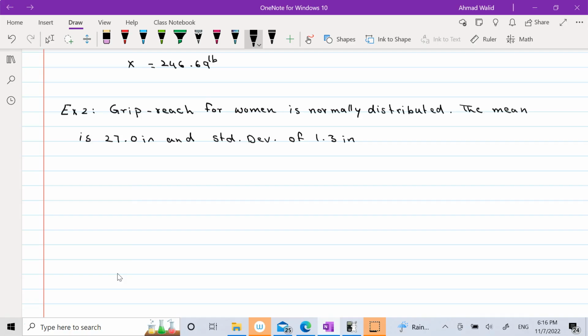Find the value. Value here means your grip reach, correct?